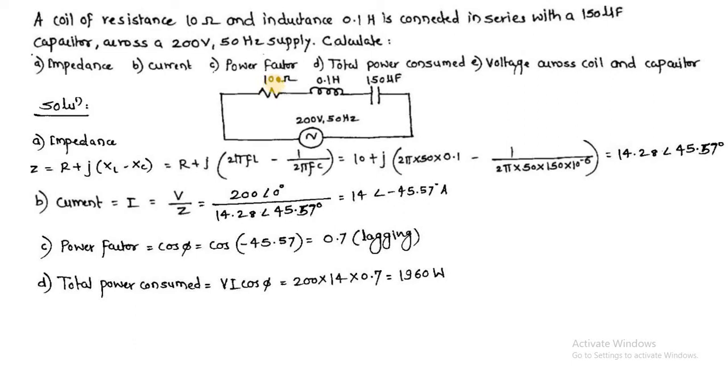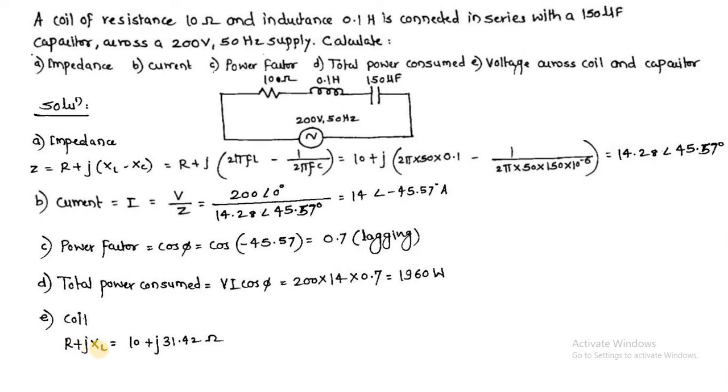Okay. So to find out the voltage across coil, I'll find out the impedance of this RL circuit. So what will be the impedance? What is the opposition offered by this RL circuit? That is R plus XL. So what I'll write? When I want to find out the voltage across coil, I'll write the impedance offered by the coil. So the impedance offered by the coil will be what? The opposition offered by the resistance plus the opposition offered by the inductance.